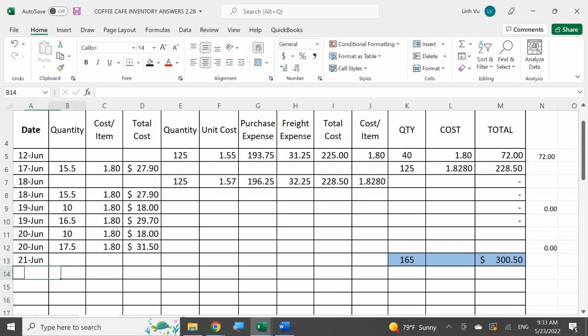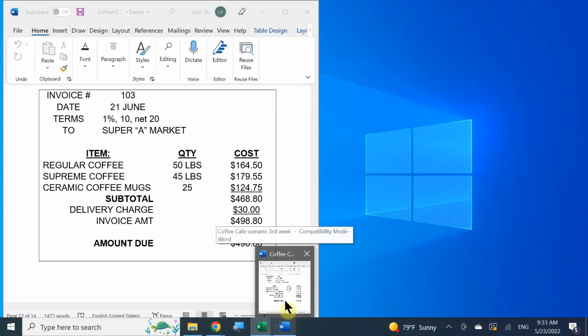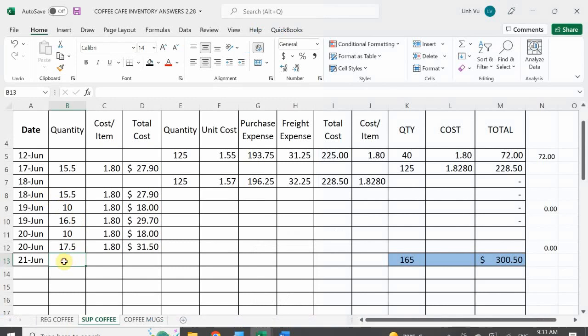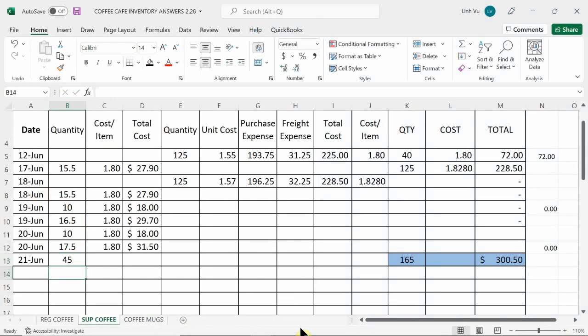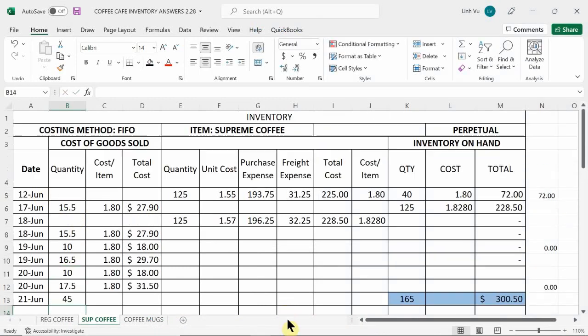How many pounds of Supreme coffee did I sell? We sold 45 pounds. We're using the FIFO, first in, first out rule. So in this case, I have 2 batches of inventory. Which batch am I going to sell from first?